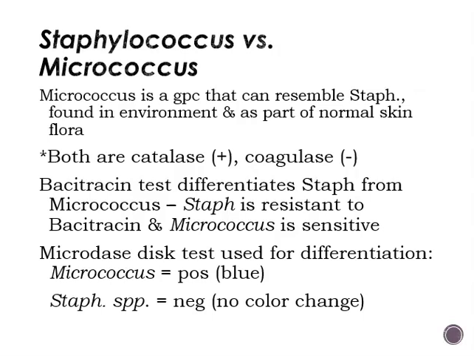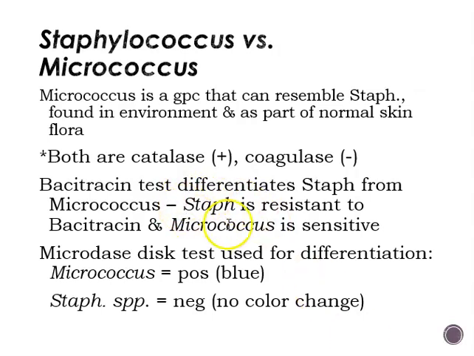So the test that we use to do that is the bacitracin disc test. It's just like a little tiny round piece of filter paper that is impregnated with the drug bacitracin. So we can set up a test using that bacitracin disc to help us differentiate staph from Micrococcus.